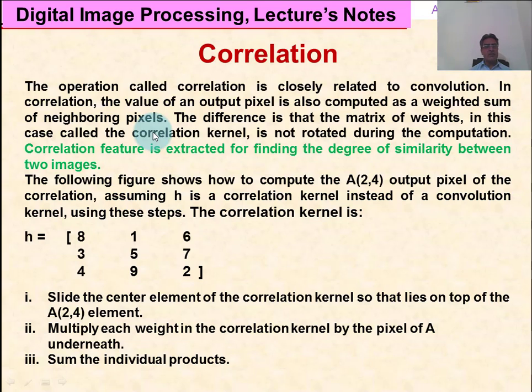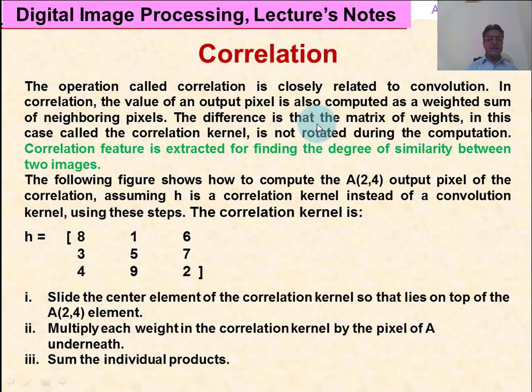Actually, correlation and convolution are the two basic operations used for extracting information from the input image. The operation called correlation is closely related to convolution. In correlation, the value of an output pixel is also computed as a weighted sum of neighboring pixels, as in the previous case: the neighboring pixel values and the weights of the correlation kernel are multiplied and then summed up.